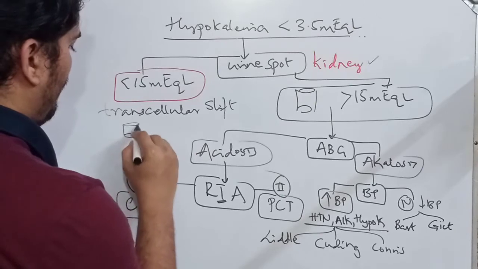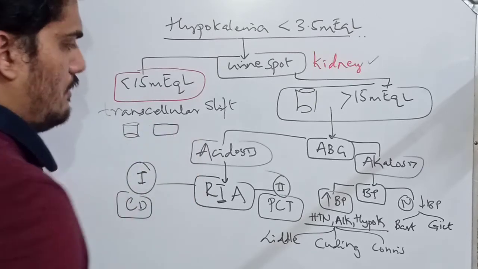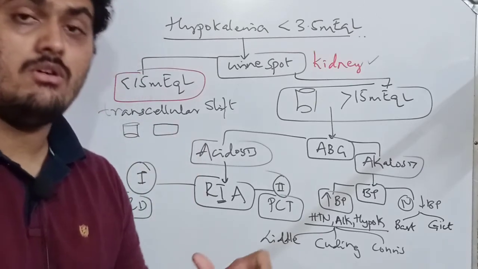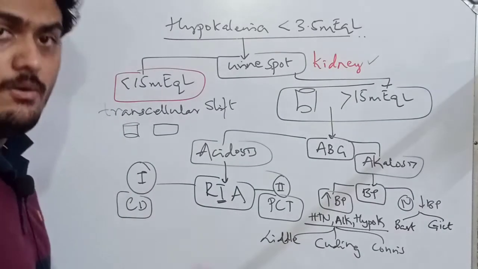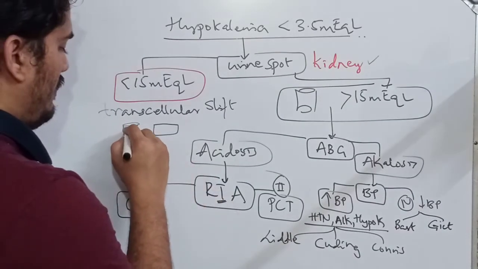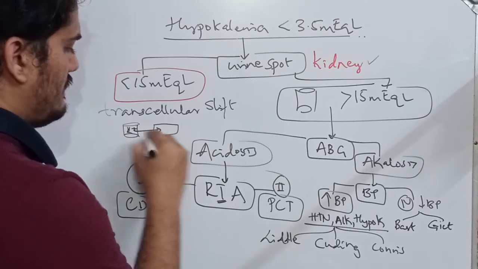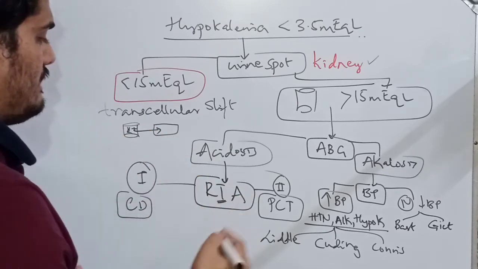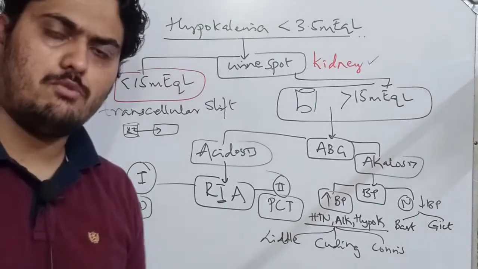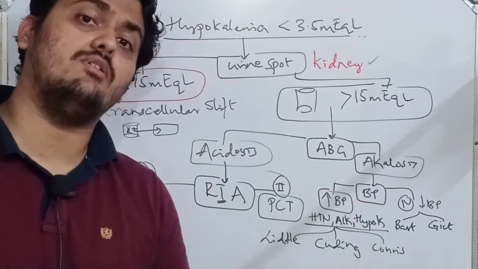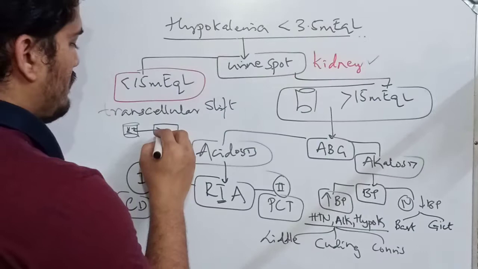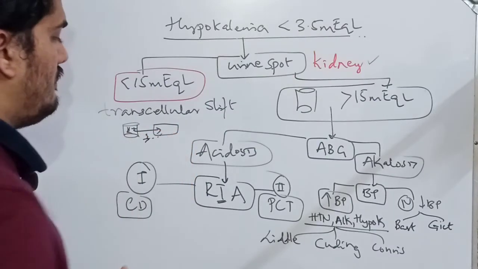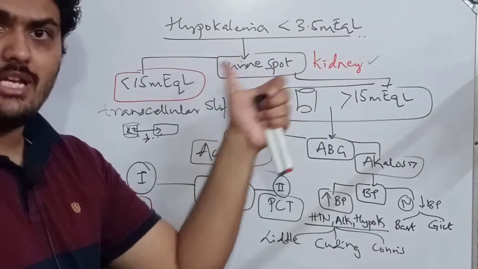Imagine this is the blood column and this is the cellular column. Imagine any drugs or conditions which push potassium from blood into the cell. It is known as transcellular shift. Or in one more case, normally some amount of potassium is also thrown out from inside the cell to blood. So if that process is also hindered, that gives a hypokalemia status.